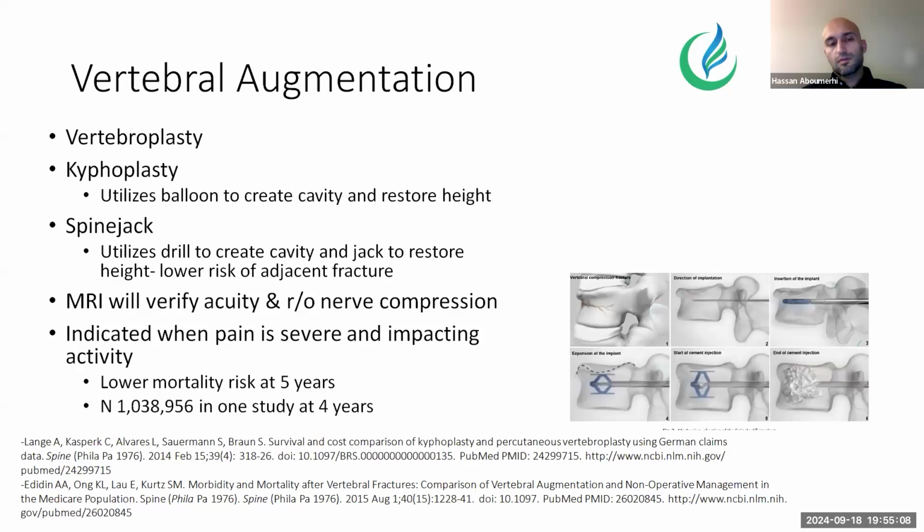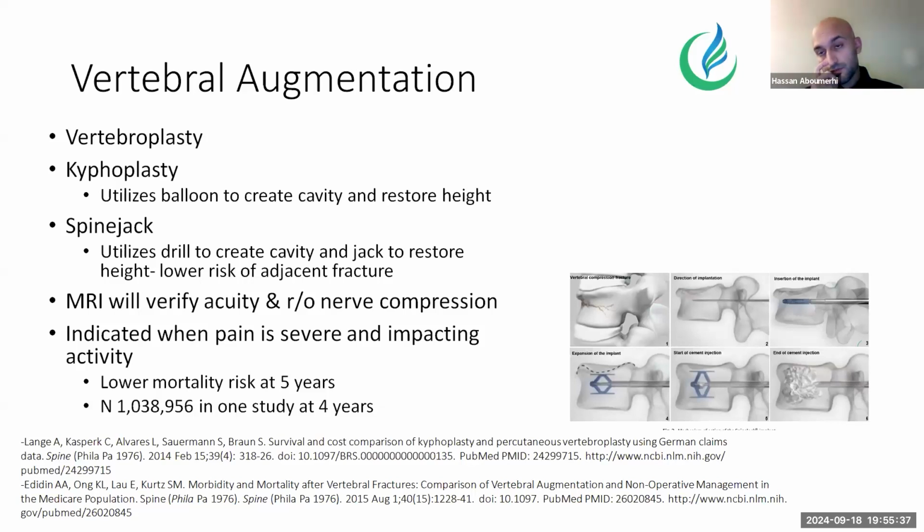The reason more to use SpineJack is in the case of burst fracture rather than a vertebral compression fracture, but also in a patient who has a more isolated fracture rather than, say, an older osteoporotic female who may have multiple, because SpineJack itself has a lower rate of contributing to adjacent fractures in the future. So it's a little bit more protective that way.